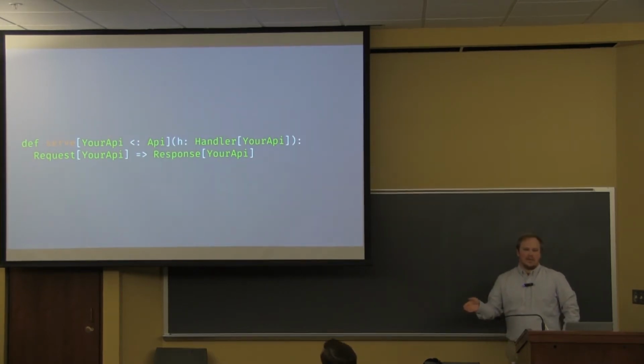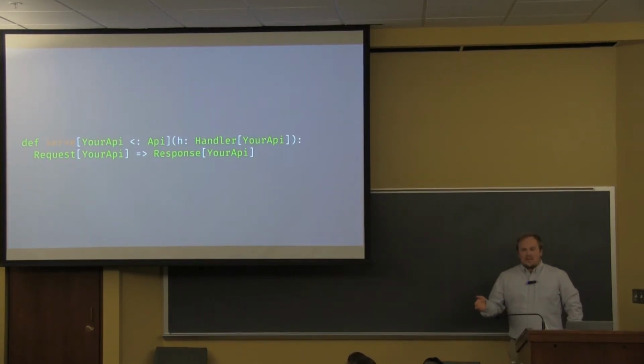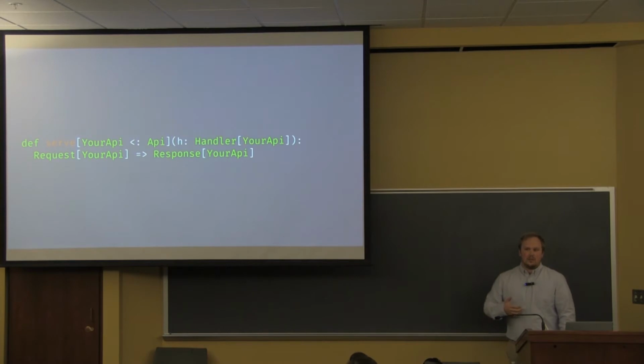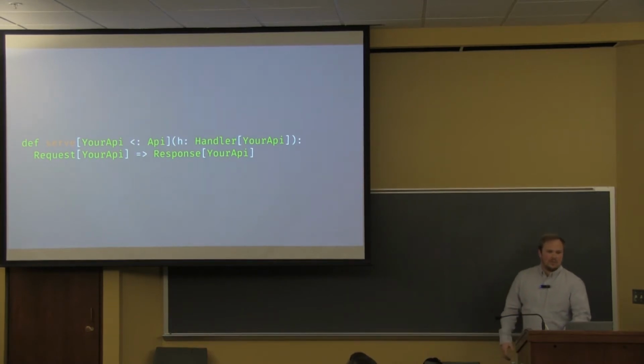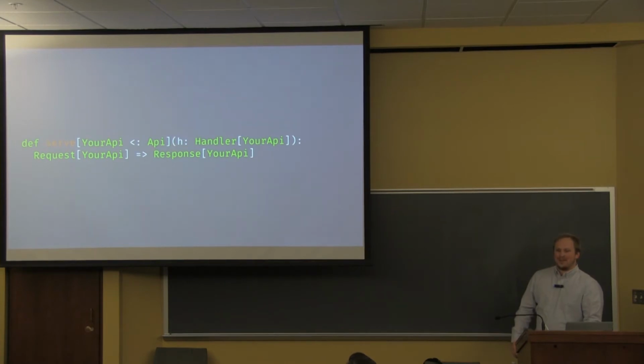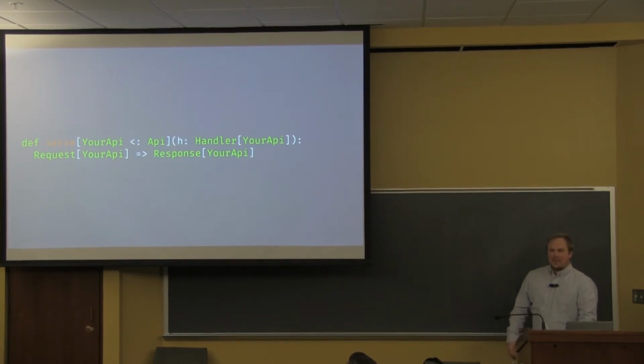All of the data types must line up. All the ways that the API can go wrong must line up. The multiplicities of things must all line up. The arguments to all of these pieces just must line up, and it's all being parameterized by something complicated like the actual API that you use to communicate between your server and your client. So that's an interesting type, I think, and that's where I'd like to get to.